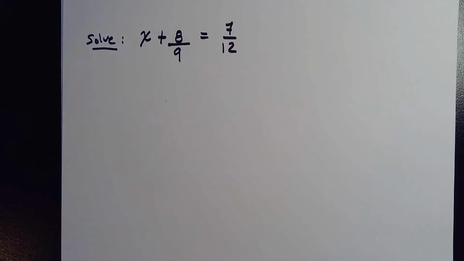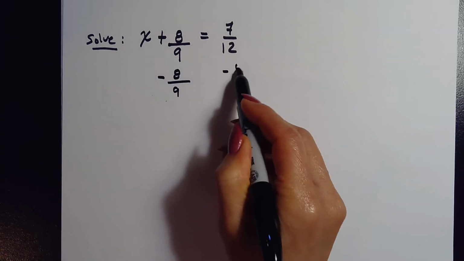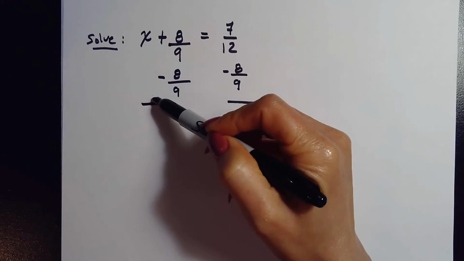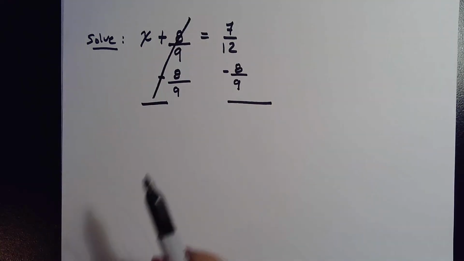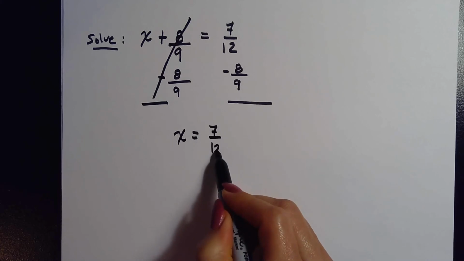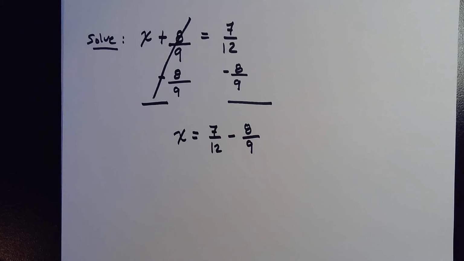So we are going to move the 8 over 9 to the right by subtracting it from both sides, right? And that's going to get rid of the 8 over 9 here, or we can cross that out. And bring down the x equals, but now we have 7 over 12 minus 8 over 9. So we have a fraction now. And remember, we talked about subtracting fractions.